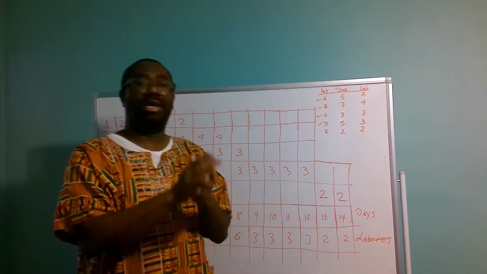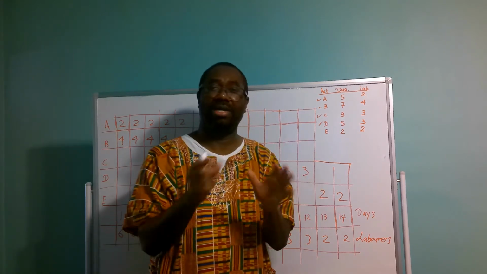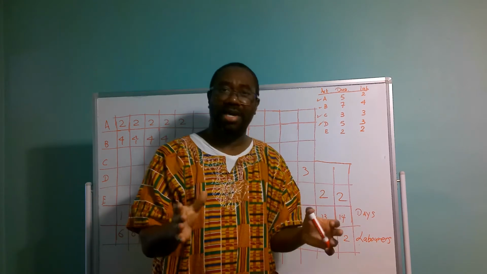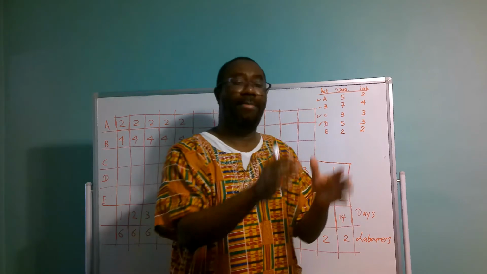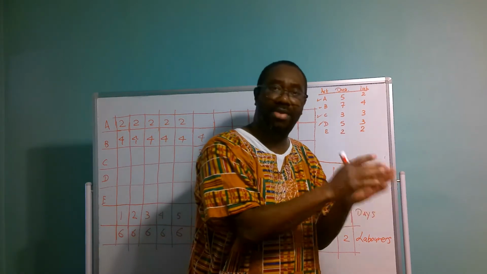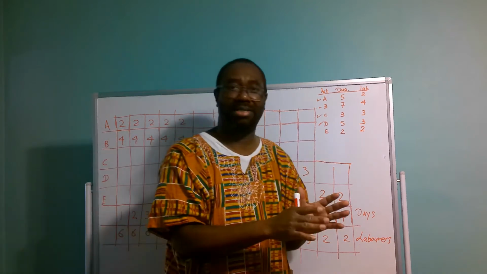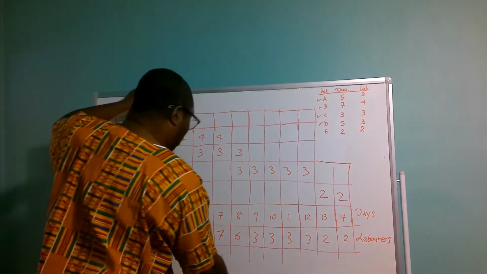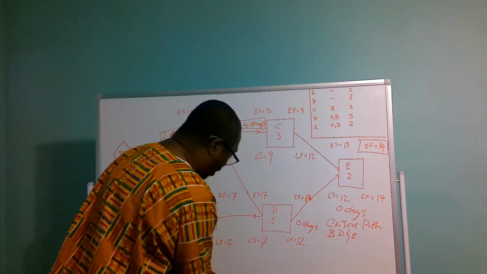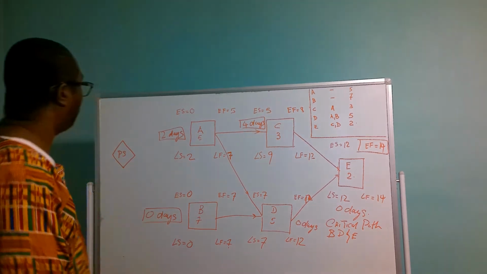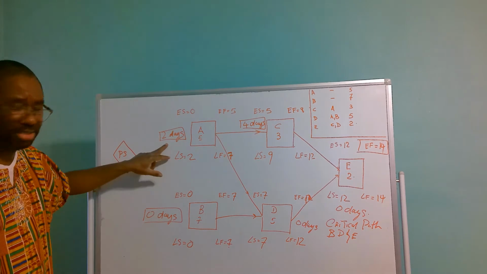So in order to do that, and that is why it was important for me to calculate the float, the contractor now would have to look at the number of floating days he has. And floating days, as I said to you previously, are days that you can allow an activity on the project to lag behind because that activity is not on the critical path. So the contractor will have to go back to the floating days, and what he observed is that activity A has 2 floating days.